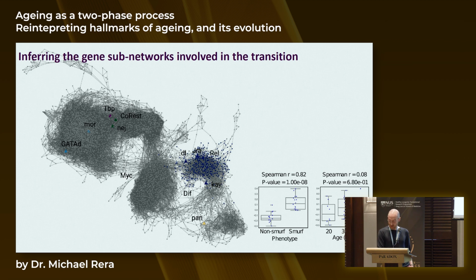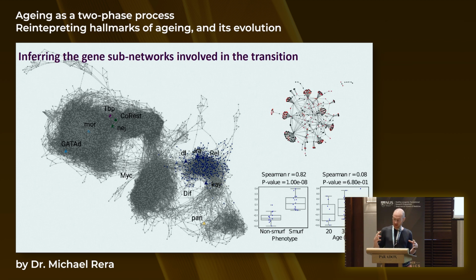Based on this, we are now inferring the gene interaction networks and could identify about 200 genes constituting a core network that seems to allow us to explain the transition.